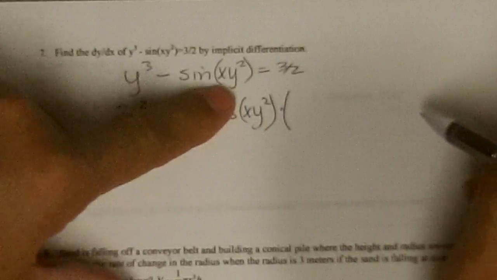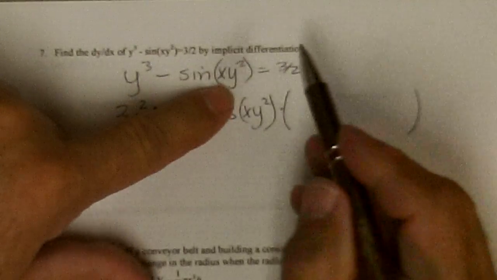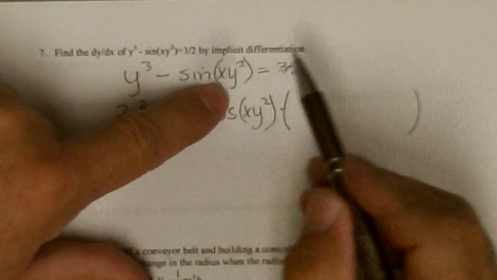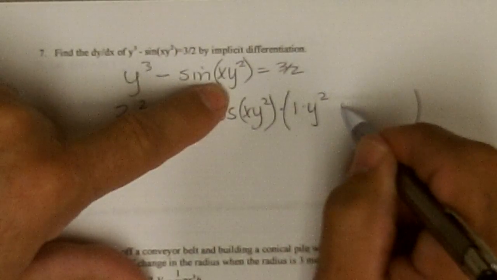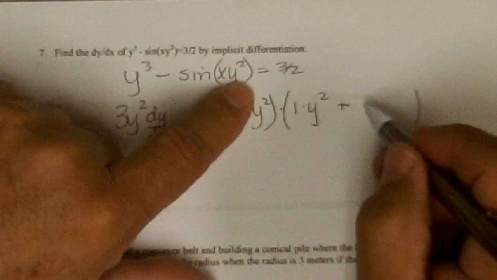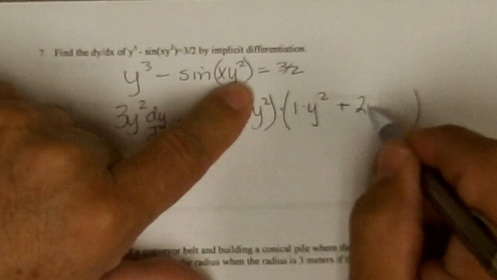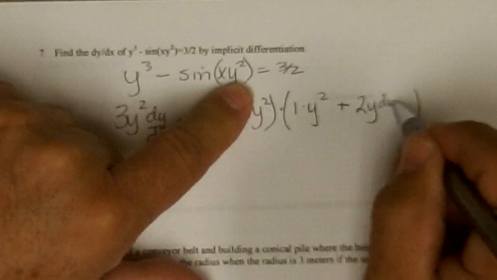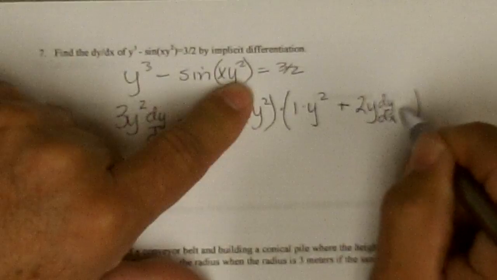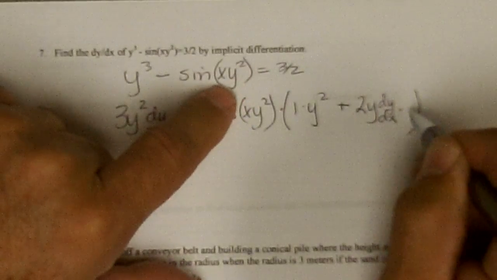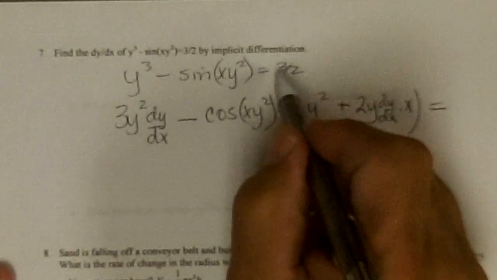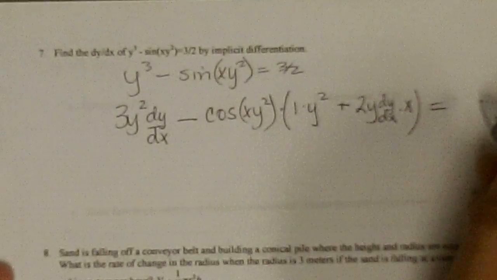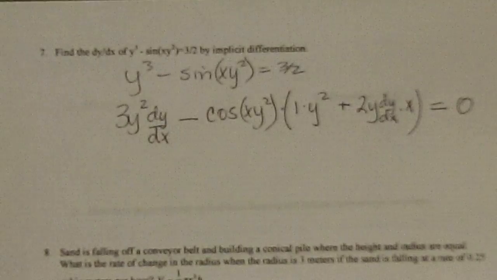So we got a lot of work here to do yet. So we got the derivative of x, which is 1 times y squared, plus the derivative of the second, which is 2y dy dx times the derivative of the first, x, equals the derivative of 3/2 is 0.